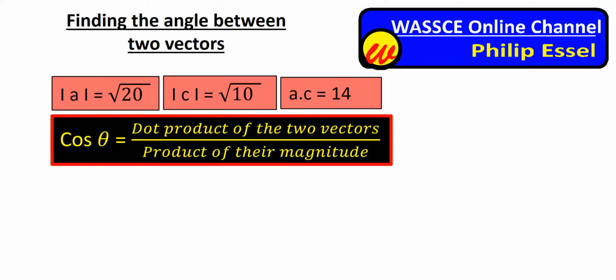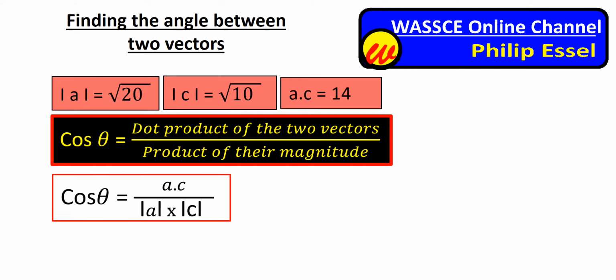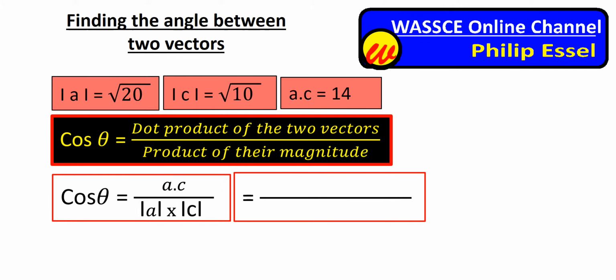So that will be given by cos theta equals the dot product of the vectors a and c divided by the magnitude of a times the magnitude of c. At this point, all we need to do is to substitute our information into this formula. So let's quickly do this.